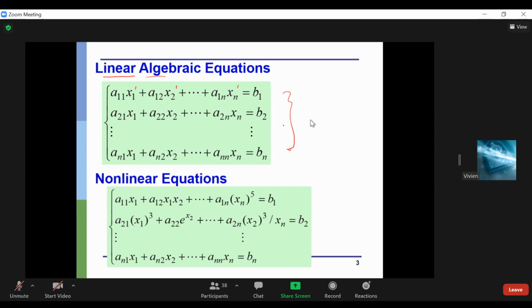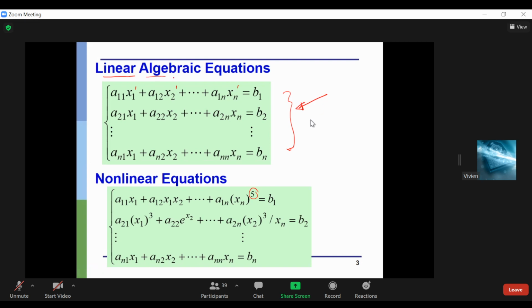Also we can have a set of algebra equations in which the equations are not linear, for example equations of power 5 or 3, and so on. These are called non-linear equations. But now we will focus only on sets of linear algebra equations.